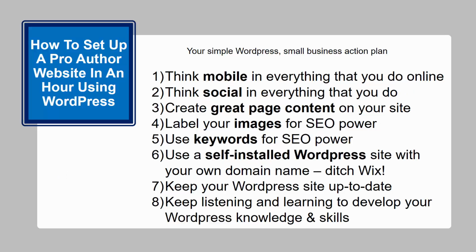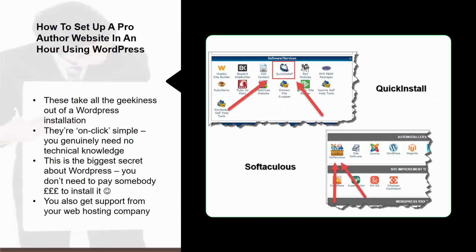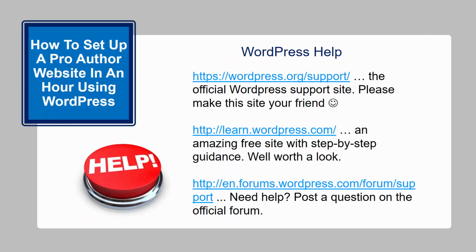I've given you some tips here of the things you need to think about with your WordPress blog. I've shown you where you will find the WordPress installations, whether you're using HostGator or SiteGround or some other service that offers the cPanel function. I've given you some links to get some help with WordPress if you get stuck and you just need to find a great forum to ask a very simple question and get an answer for it.